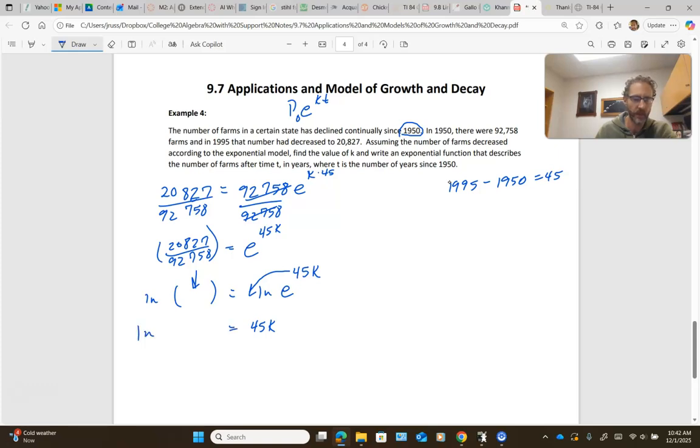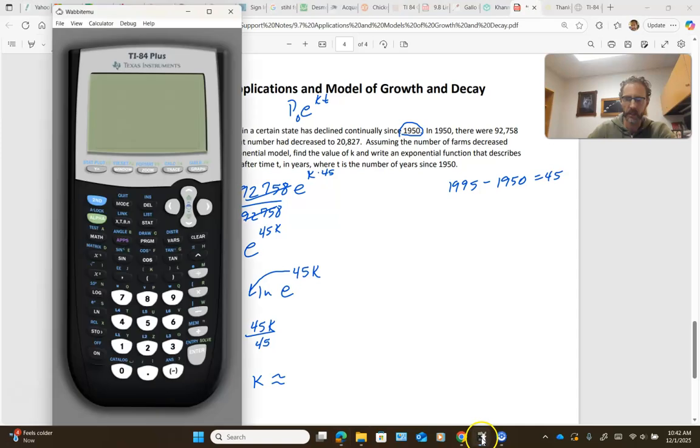Because you know it's going to turn into 1. 92,758. Okay, and then we'll divide both sides by 45.